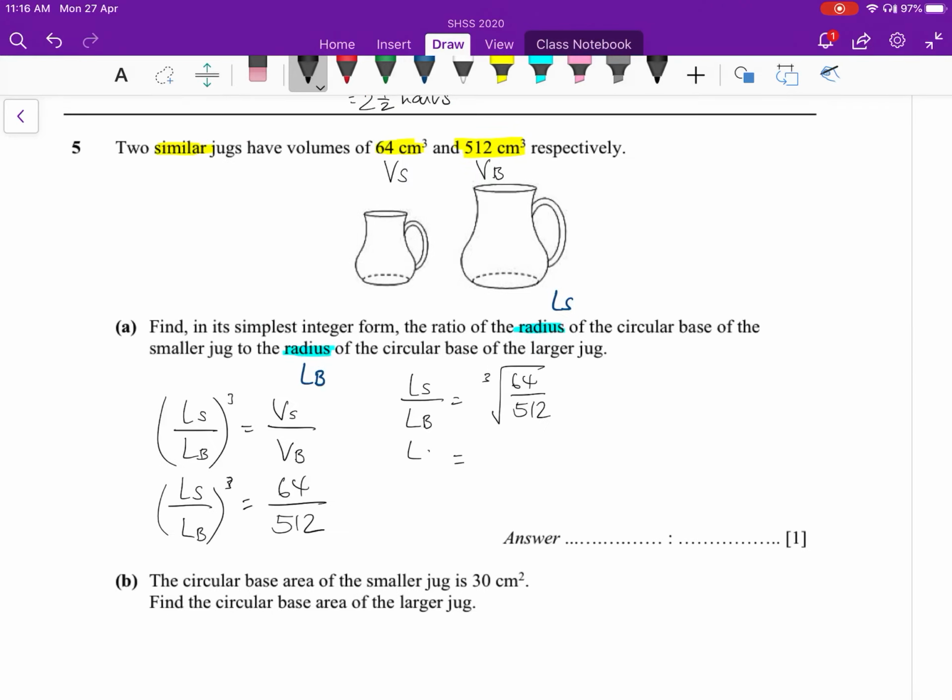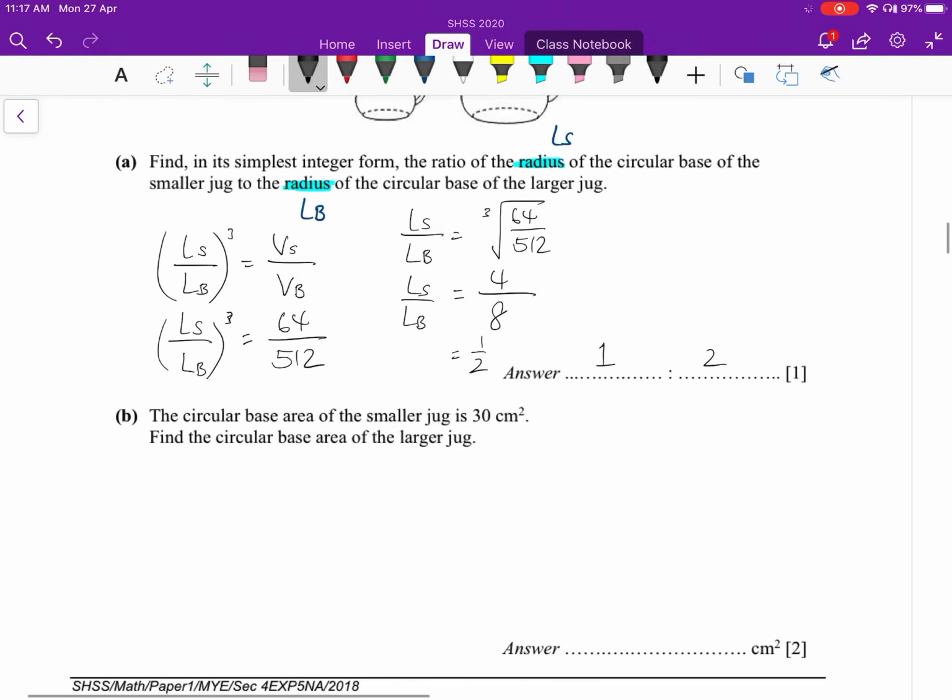If you cube root 64, it is 4, over, if you cube root 512, you will get 8. Yep, correct. So 4 over 8, you will get half, which is 1:2.